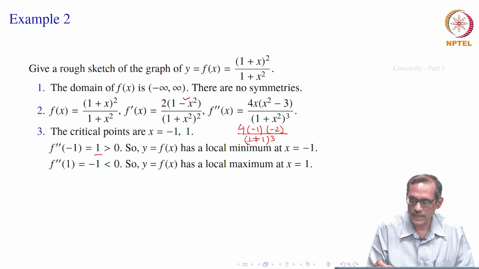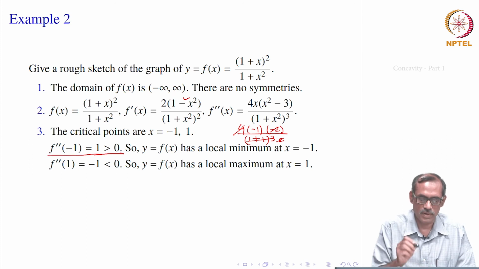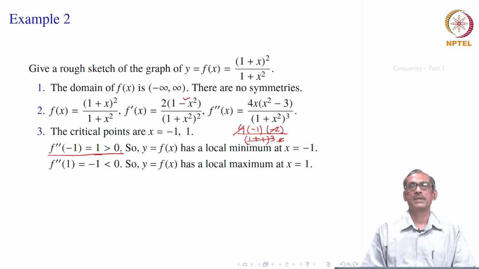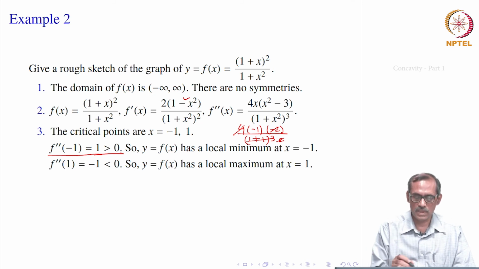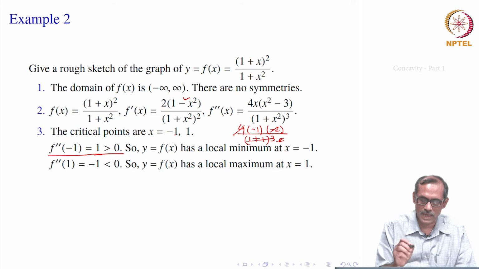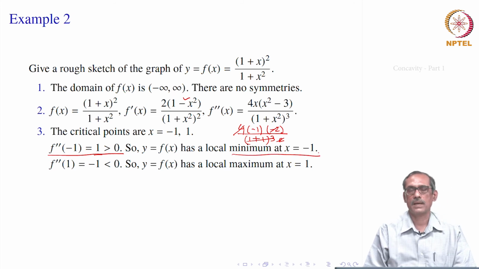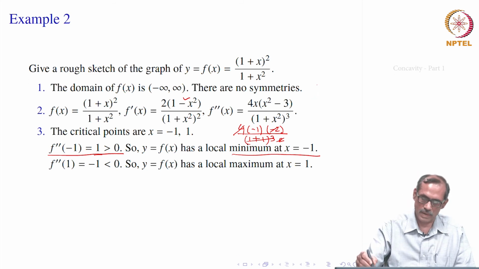So, this is really 8. So, that gives 2 and 1 2 cancels, minus minus becomes plus. So, it is correct, f double prime at minus 1 equal to 1, and this is bigger than 0. So, since this is bigger than 0 and it is a critical point, we have a local minimum at x equal to minus 1. Okay. So, at minus 1 it would look something like this, there is a local minimum.